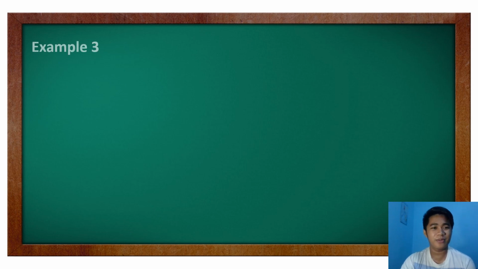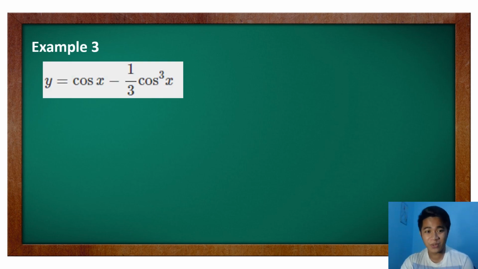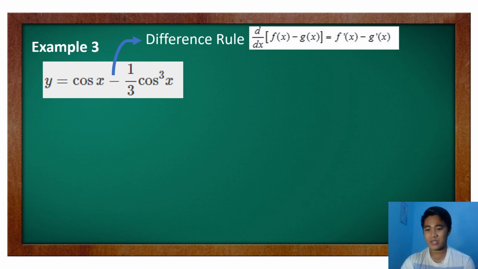In our third example, we have y is equal to cos x minus 1/3 cos x cubed. So in this equation, we can see that there is a minus sign here, and that means that we will be using the difference rule for that. So we will be taking the derivative of each term separately, all right? And also, we can see that there is an exponent here, that is 3.